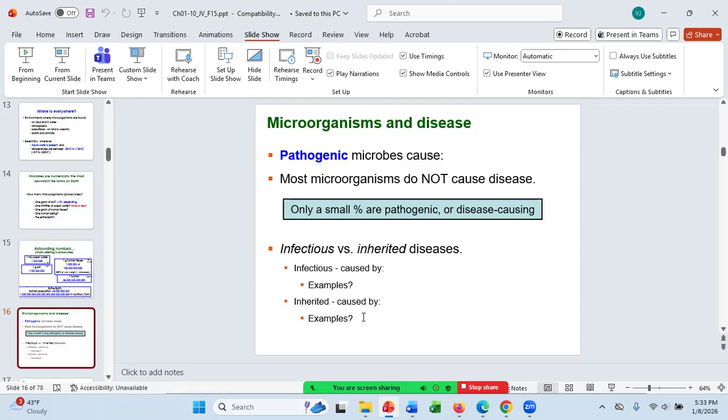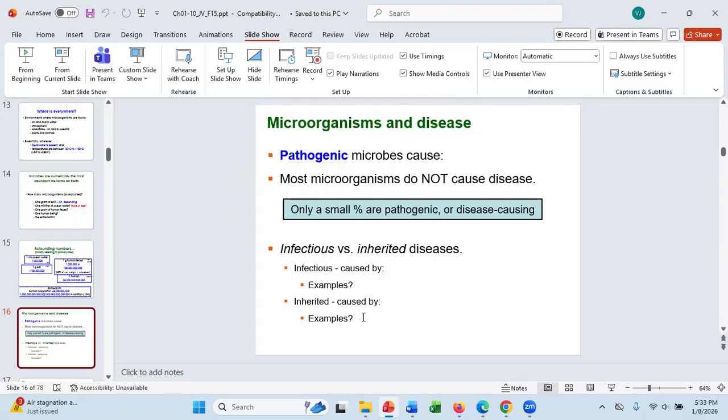Could herpes be both an inherited and an infectious disease? Herpes, no, it's an infectious disease. Even if you get it at birth, you probably got it from your mother during birth, and so that's an infectious disease.